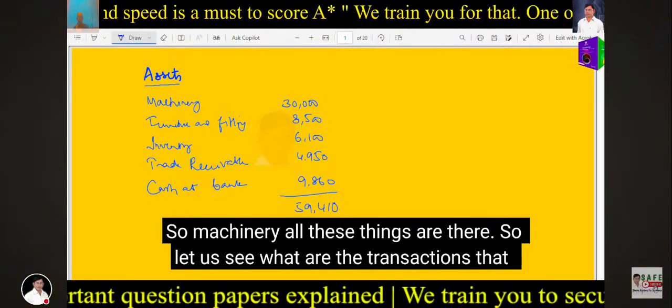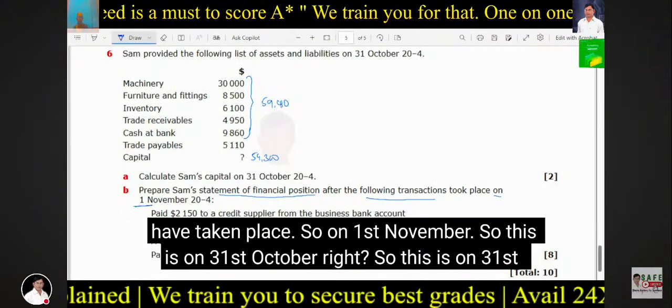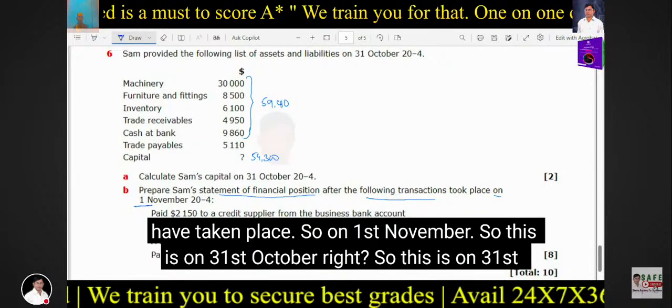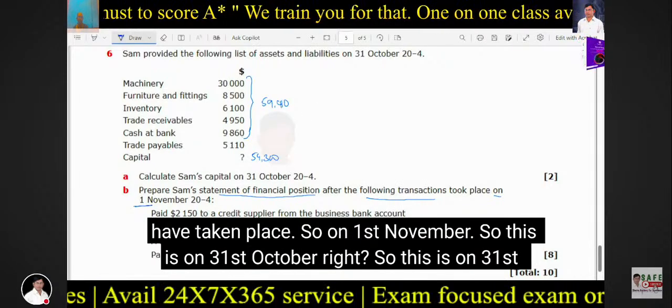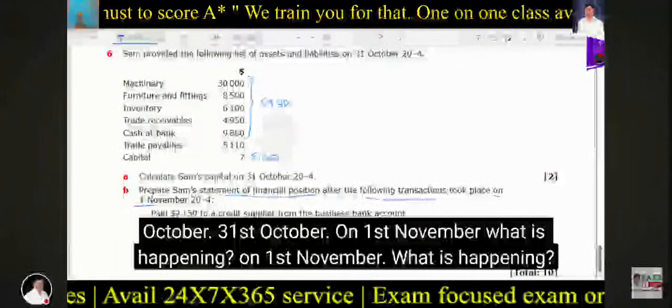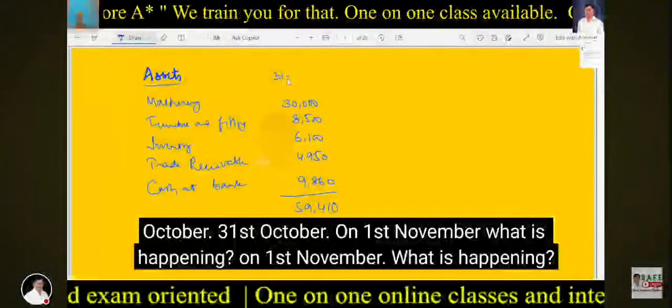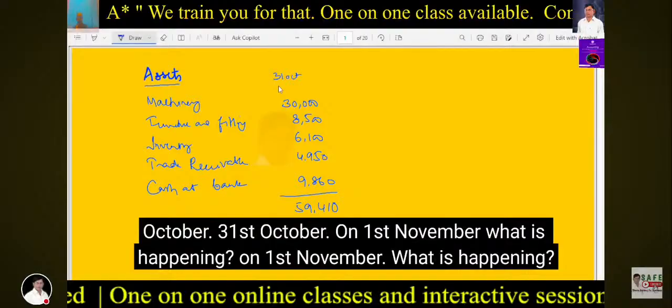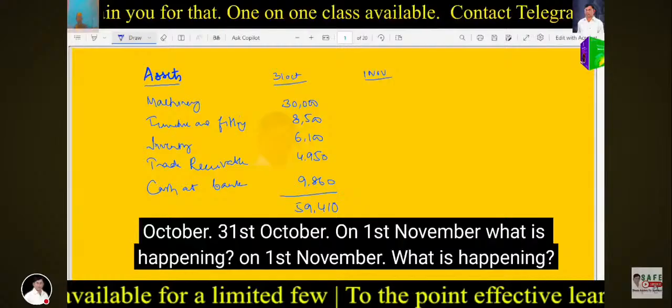Let us see what transactions have taken place. This is as on 31st October. On 1st November, what is happening?